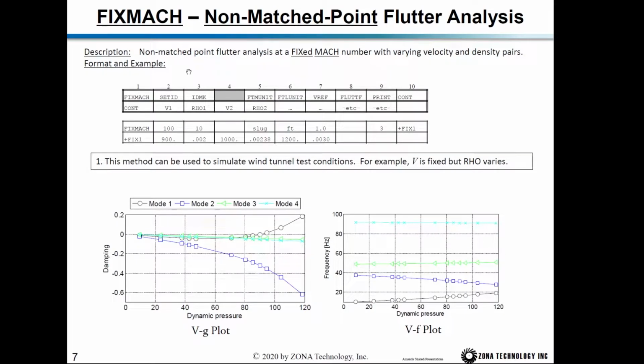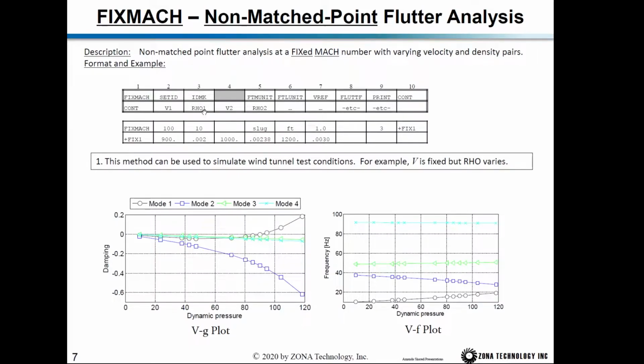Second one, fixed Mach, is a non-match point Flutter analysis, and this IDMK refers to the MK Aero card. Also you can change the mass and length unit, and then after that you give a set of velocity and density pairs.